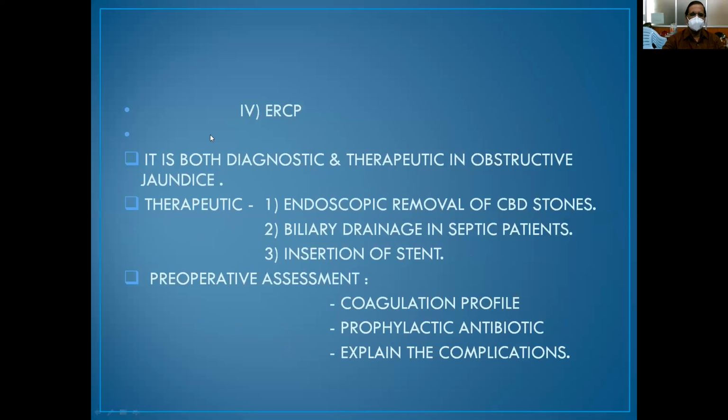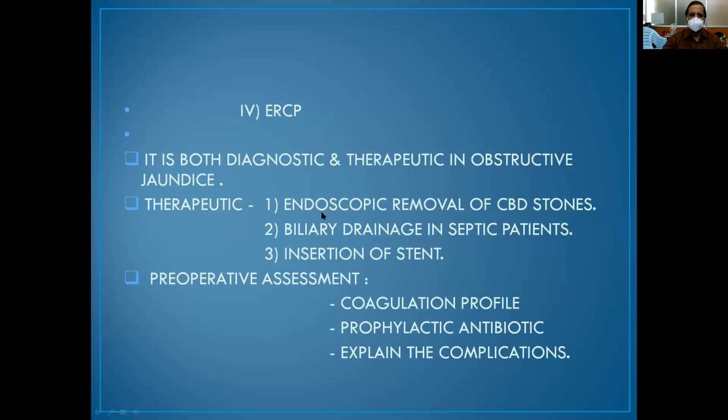And ERCP, this is a most important short note for you, because it is both diagnostic and therapeutic. In obstructive jaundice, ERCP means endoscopic retrograde cholangiopancreaticogram. For therapeutic, that is treatment purposes, it is used for endoscopic removal of CBD stones.